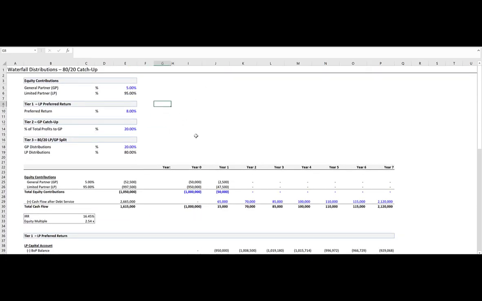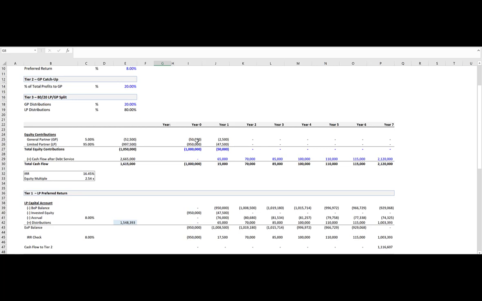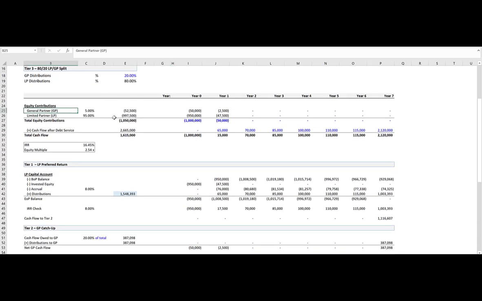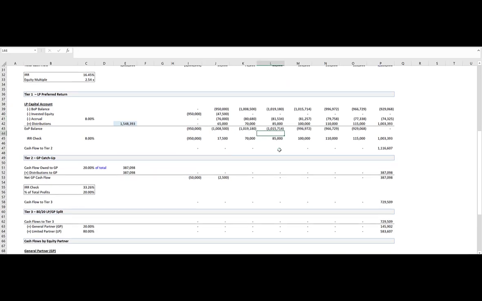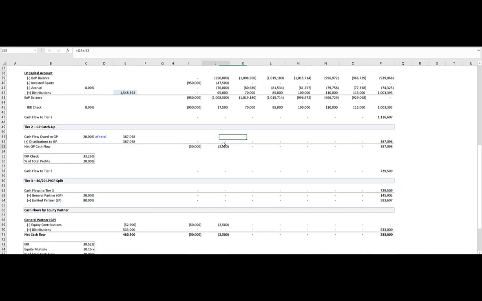So just going through this again, what's happening? Your general partner is contributing 5%, your limited partner is contributing 95%. But in Tier 1, the LP is receiving all of their capital back plus an 8% preferred return. Then all cash flows above that flow into Tier 2, in which the GP receives 20% of the total deal level cash flows.